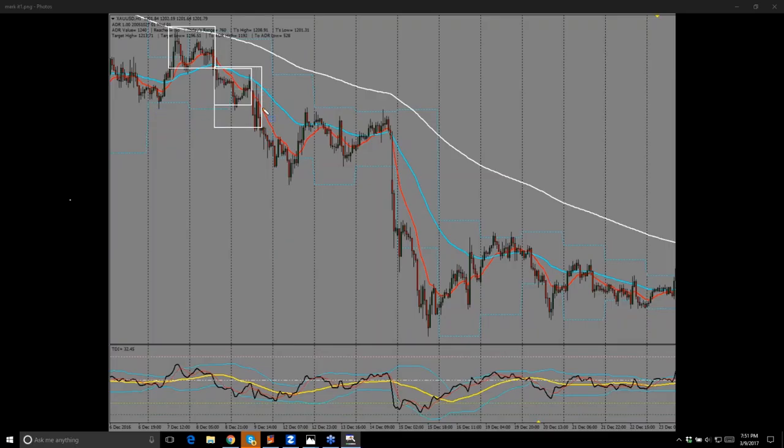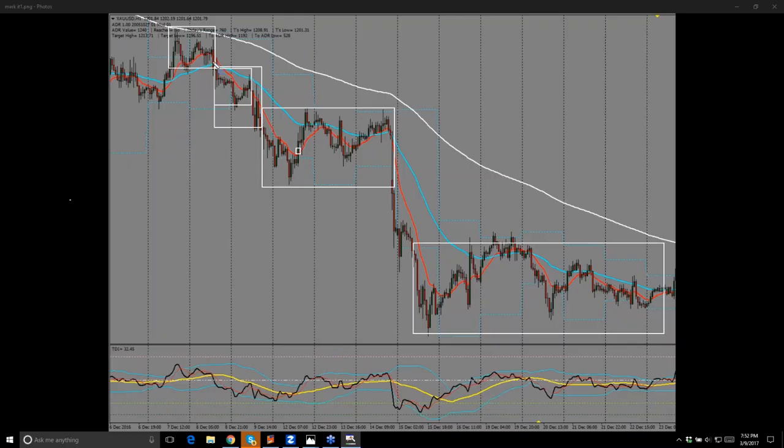And then the next move is over here. Why is that? Because it stayed below the 13. It crossed the 13 right in here, so that's my pullback. So that's my push 1, close above the 13. Push 2, close above the 13. Push 3. This is nothing, this is just a stutter. Push 3, close above 13. That becomes my first leg in here.